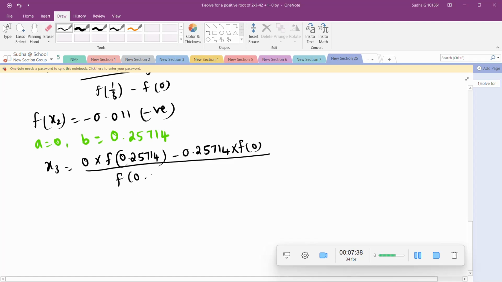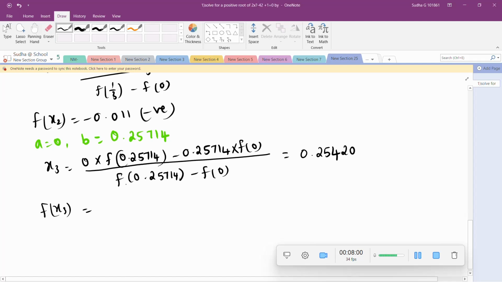So that is f of 0.25714 minus f of 0. Using calculator, simplify this, then we'll get 0.25420. We'll check whether this is positive or negative.